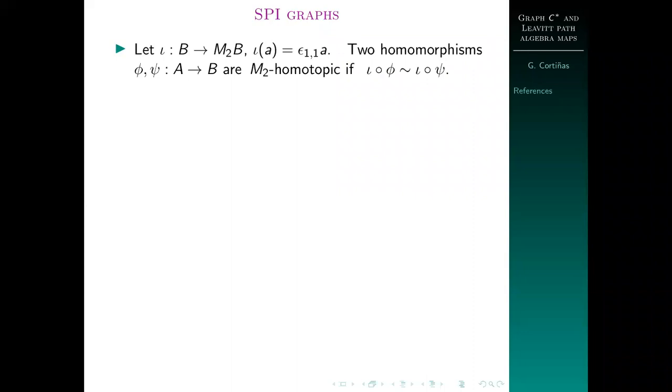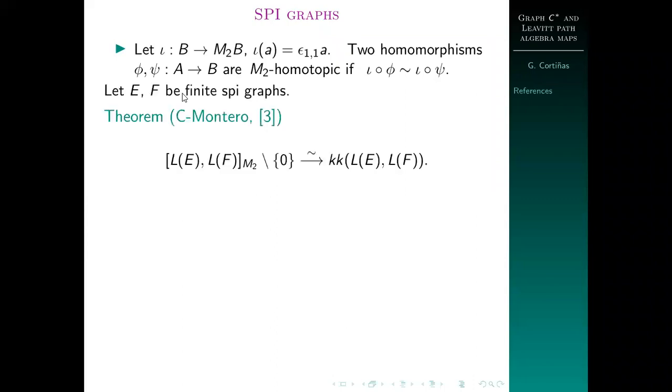So the way I formulated this, A and B are just algebras, and the homotopy is polynomial, but you may also talk about M2 homotopic maps between C-star algebras, and there I will mean M2 homotopic in the C-star algebra sense. Okay, so let E and F be finite SPI graphs.